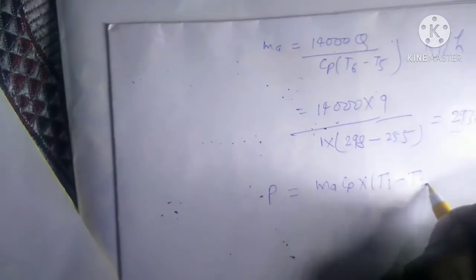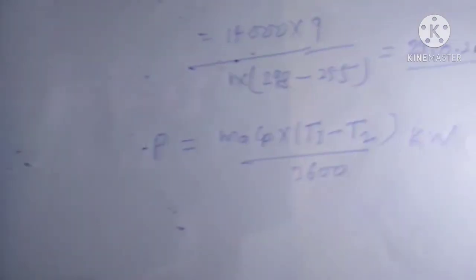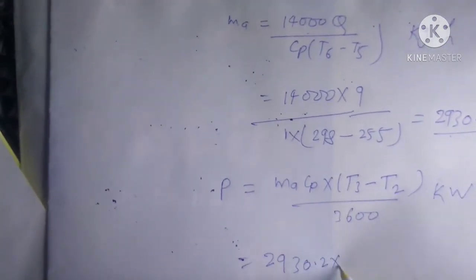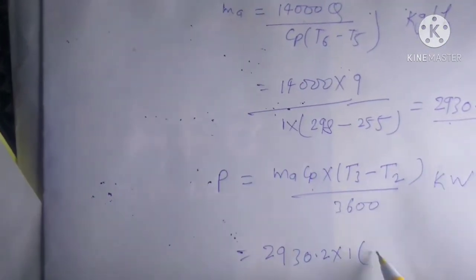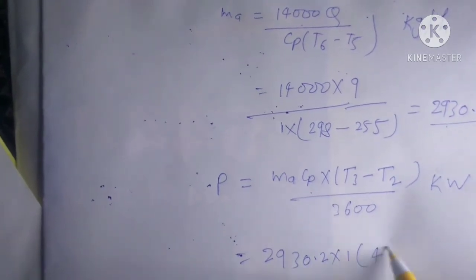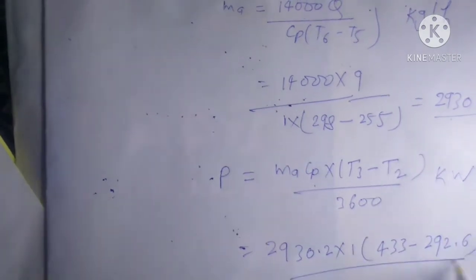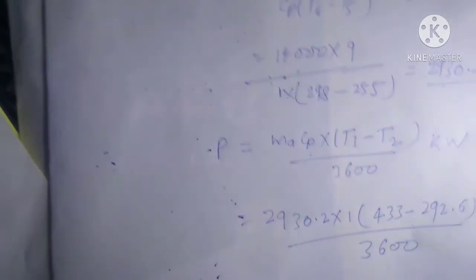And the power required to take the load of cooling, that means the cooling power, P equals Ma Cp multiplied by (T3 minus T2) divided by 3600 kilowatt. Ma you find here is 2930.2, multiplied by Cp taken as 1, and T3 is 433 minus 292.6, divided by 3600.